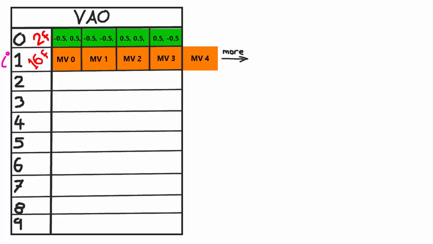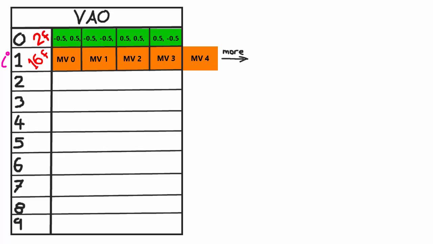To indicate that an attribute is a per instance attribute, we simply have to call the glVertexAttribDivisor method and put in the number of the attribute that we want to be a per instance attribute, and the second parameter is always going to be 1, which indicates that the data should change after every single instance rather than after every 2 or 3 or 4, etc.